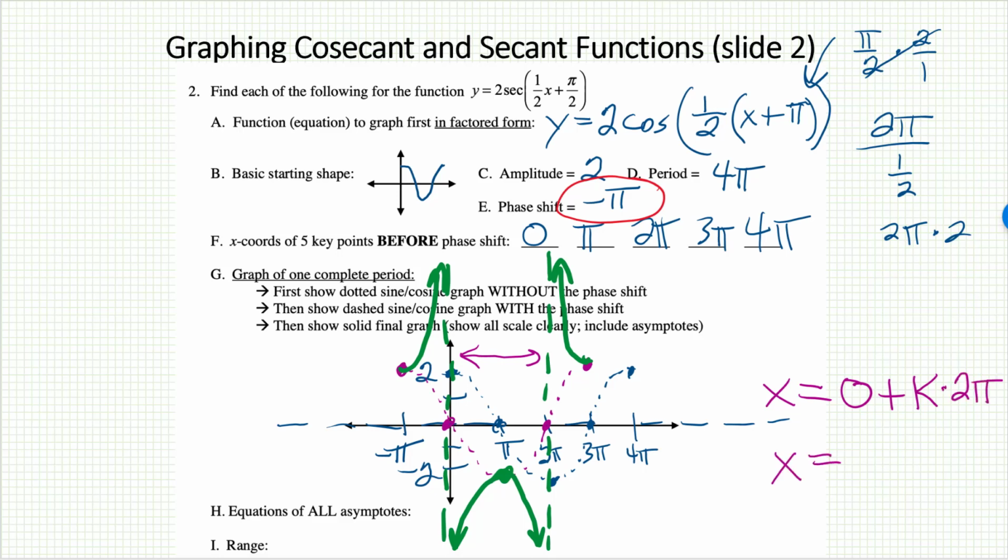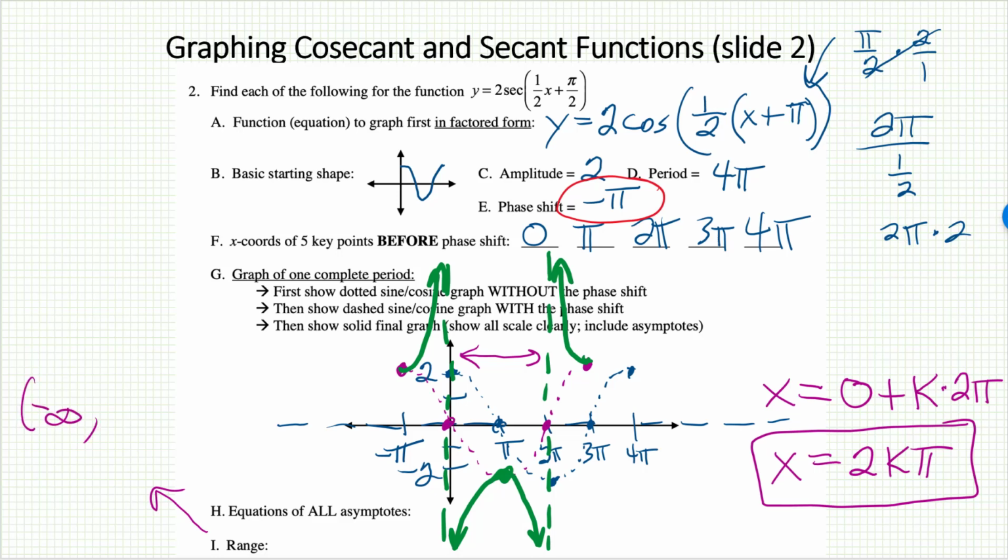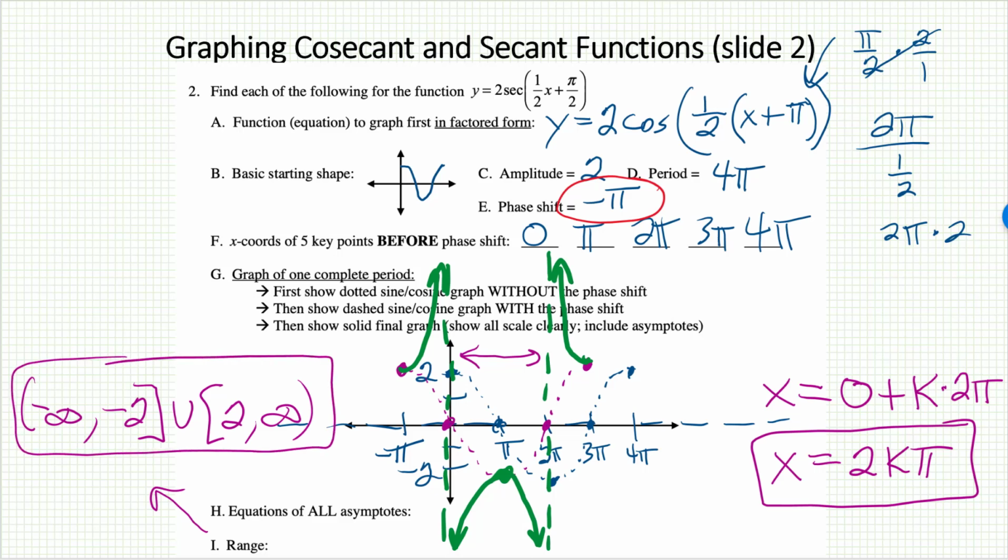We generally like to keep the pi at the end, so this would simplify to simply x equals 2k pi, k representing any integer. And then how about the range? Well, let's see. It looks like I have values from -infinity up to -2, and then it starts again at +2 and goes up to +infinity. And so here is the range of the function.